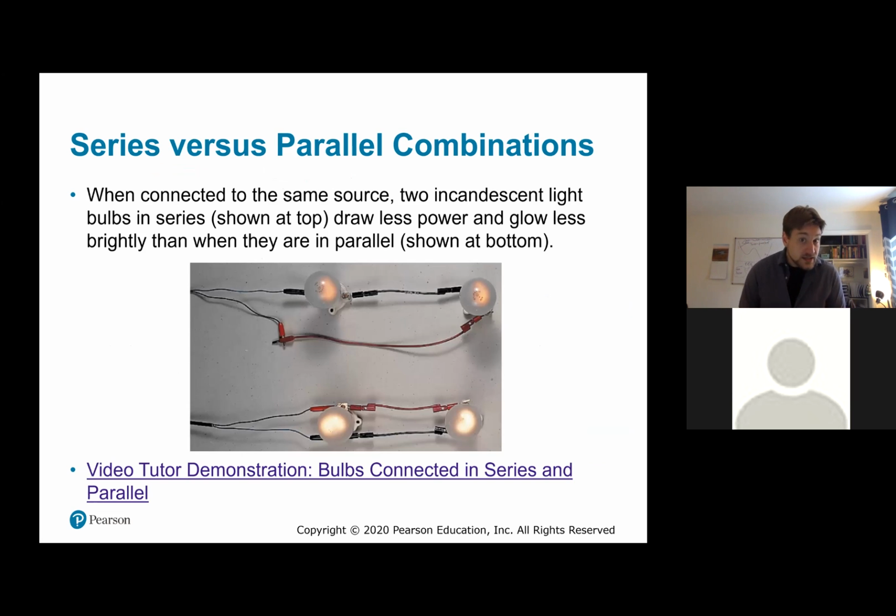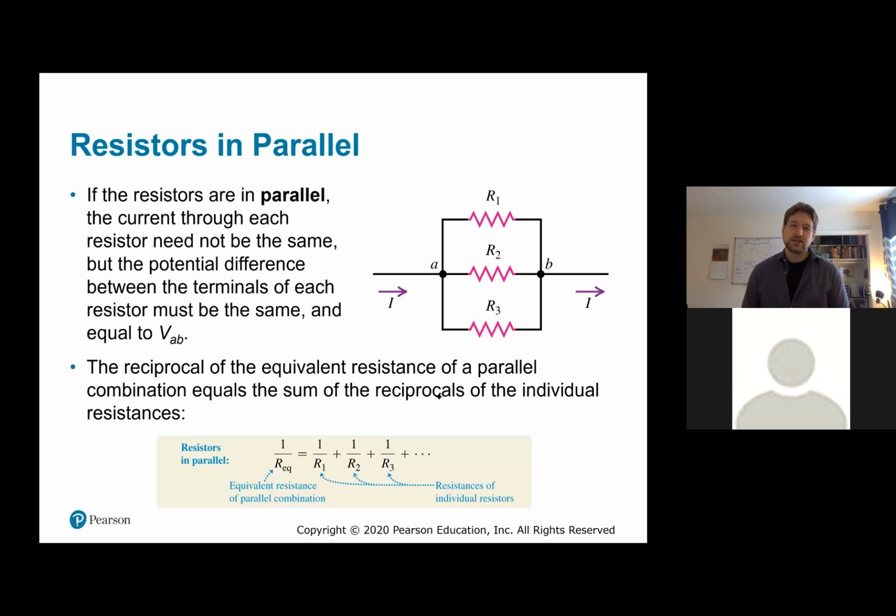What does it mean, practically, that resistors in series add resistances? Well, it means that the current flowing is less than it would be through just one. What does it mean if resistors are in parallel?